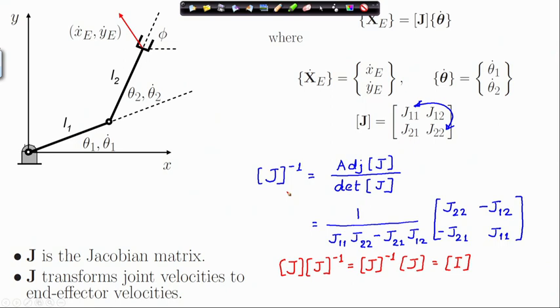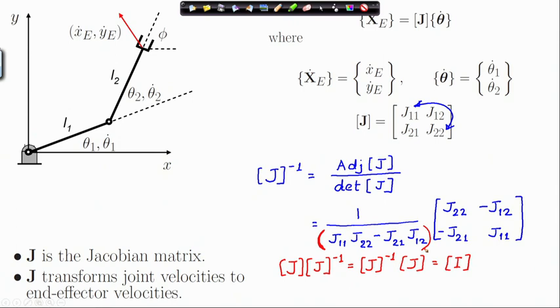Now, I have also said that the existence of the inverse is something we must look at, because here in the denominator we have these Jacobian terms, the determinant of the Jacobian.